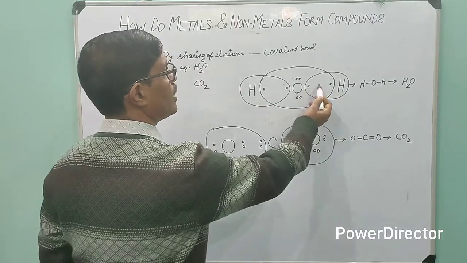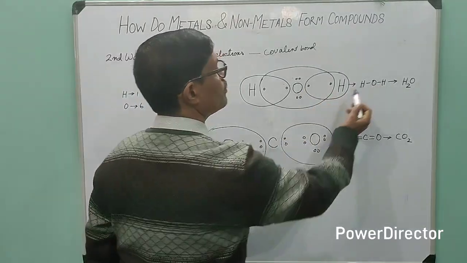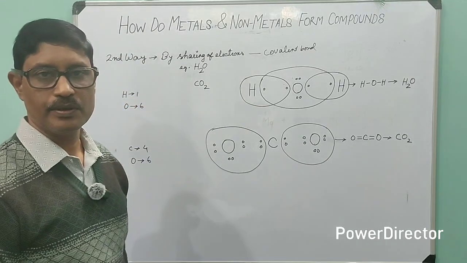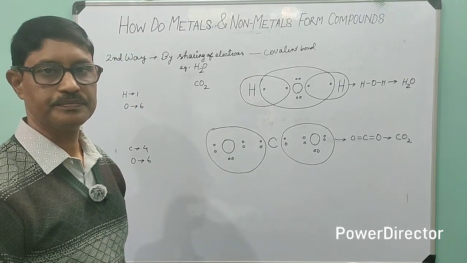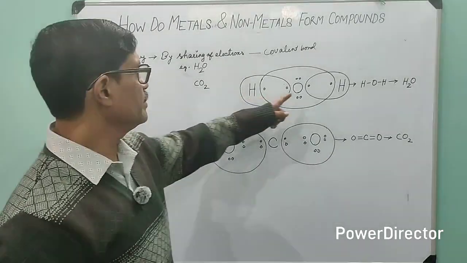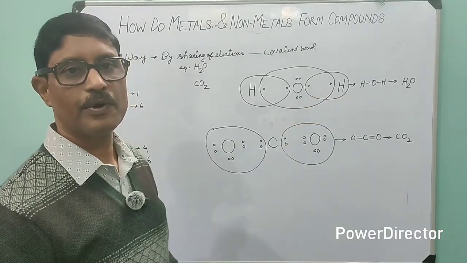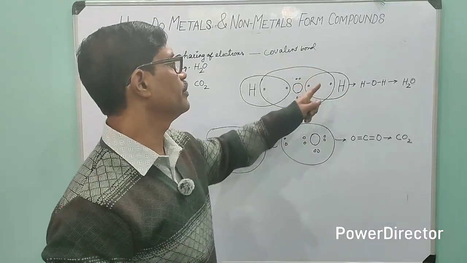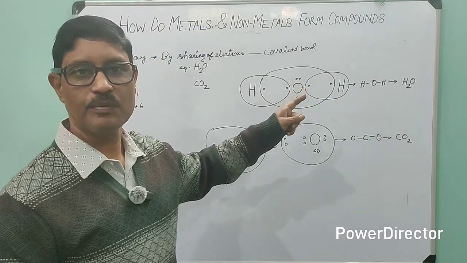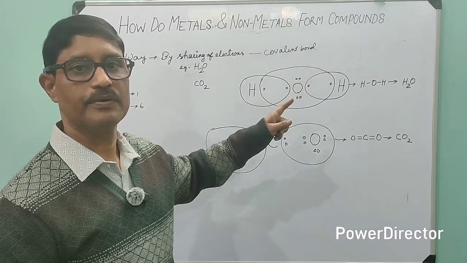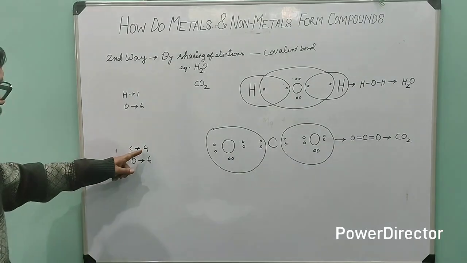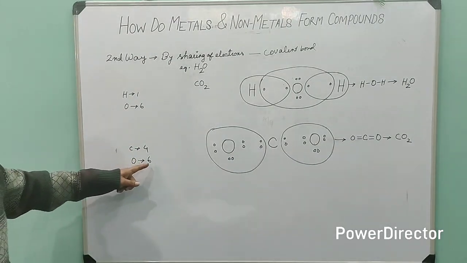On this side, hydrogen also shares 1 pair of electrons, and a single bond forms. Ultimately, the H2O molecule or compound forms. So by sharing of electrons, they form a compound. What bond is formed? Covalent bond. And the name of this compound? Covalent compound.